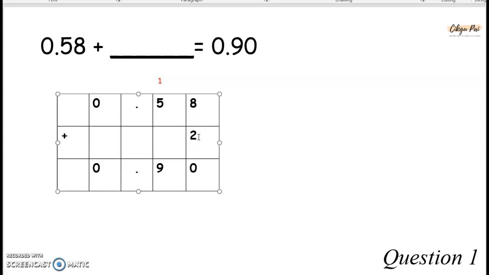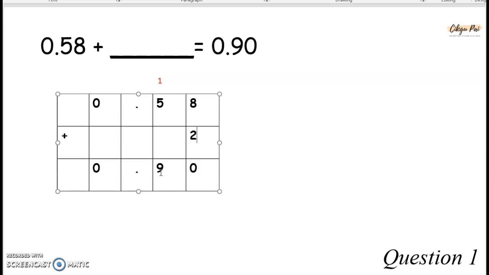Next we will move on to the place value tens. Here you got 1 and you got a 5. So the total is already 6. But here the answer is 9. So you open your 6 fingers.